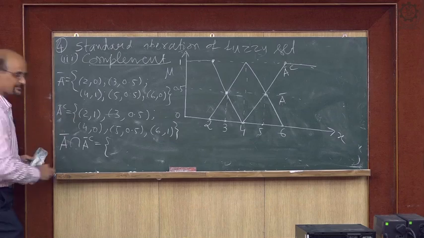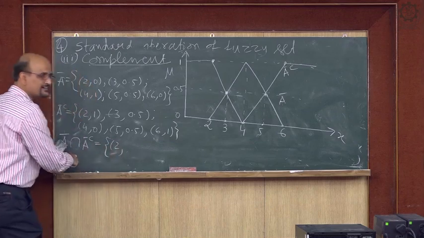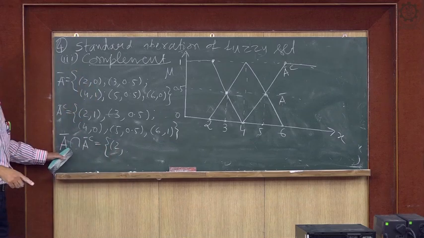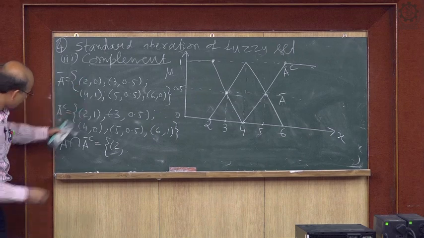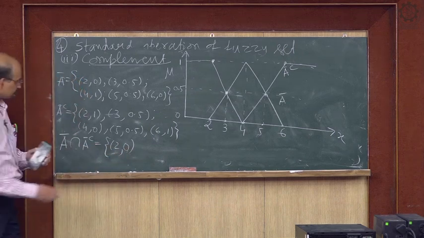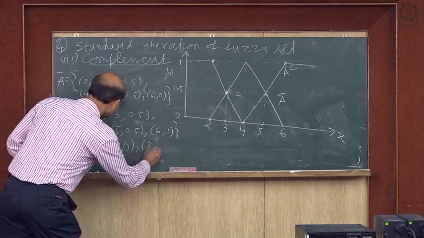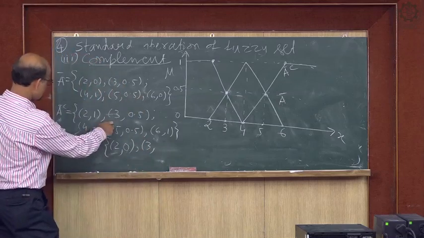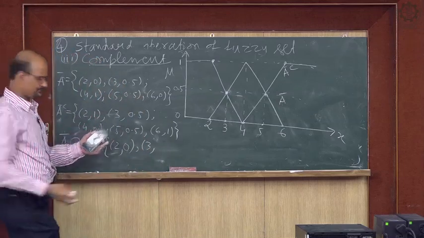I take the first element 2, and for intersection I take the minimum value: minimum of 0 and 1 is 0. For 3, the minimum is 0.5 since both are 0.5.